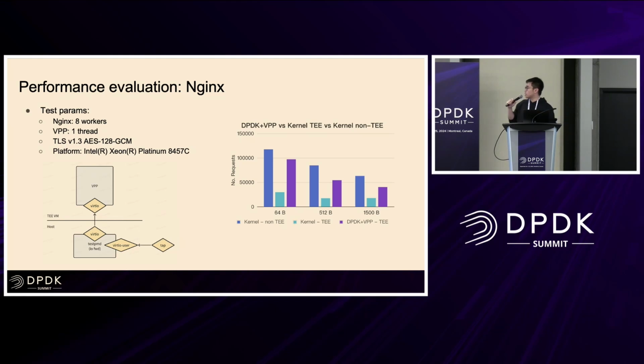So the purple bar is what our approach gave, right? Yeah, and it's the TEE environment there. It would be nice to have the DPDK plus VPP in a non-TEE scenario as well, just to understand the performance penalty for the DPDK in the TEE.